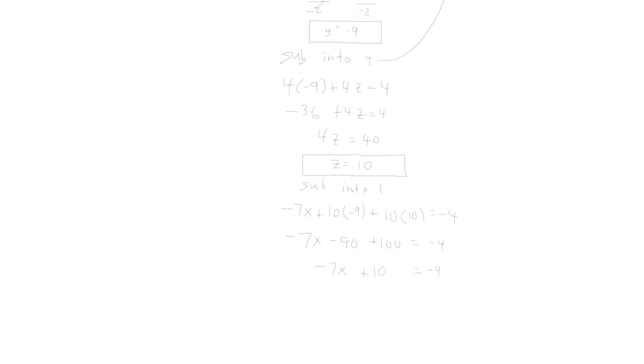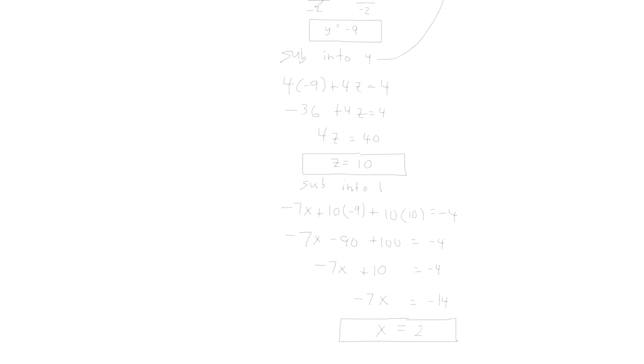Two more steps. We're subtracting 10 on both sides. What's -4 minus 10? Negative 14. Then you're going to divide both sides by -7. So x equals -14 divided by -7, which is 2.